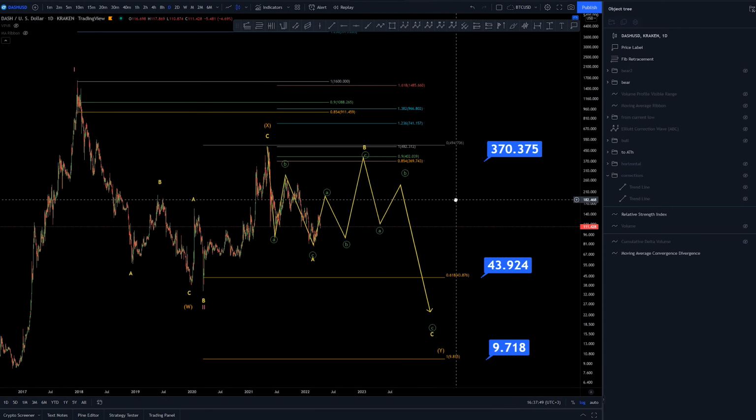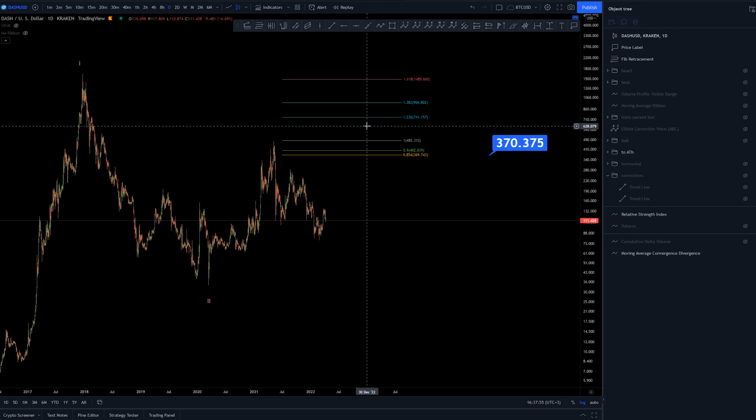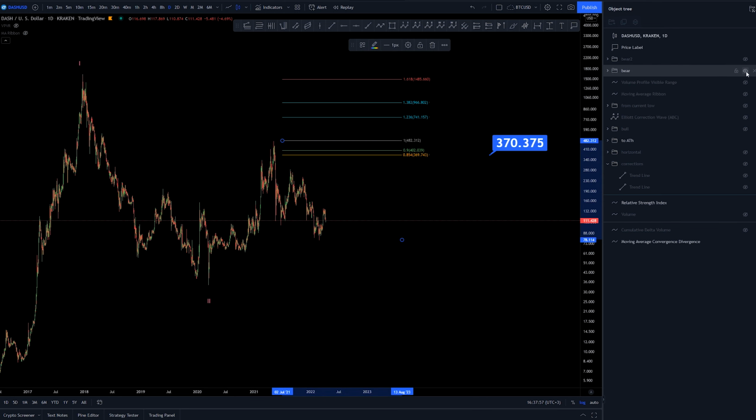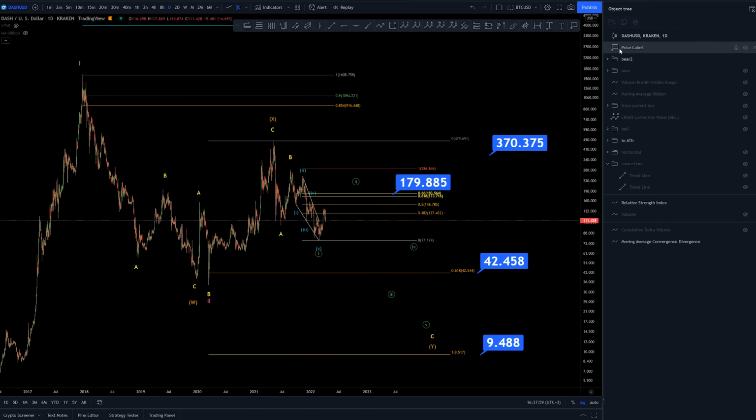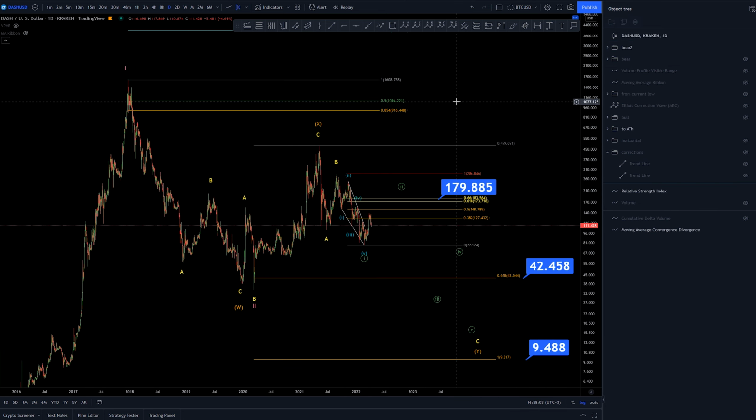Now that is one possibility, and another bearish count. Let's put this guy here, and this one here as well. Too many alerts coming through.